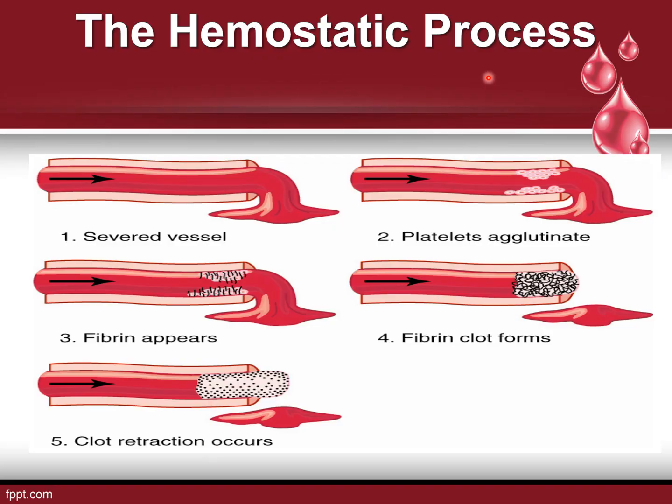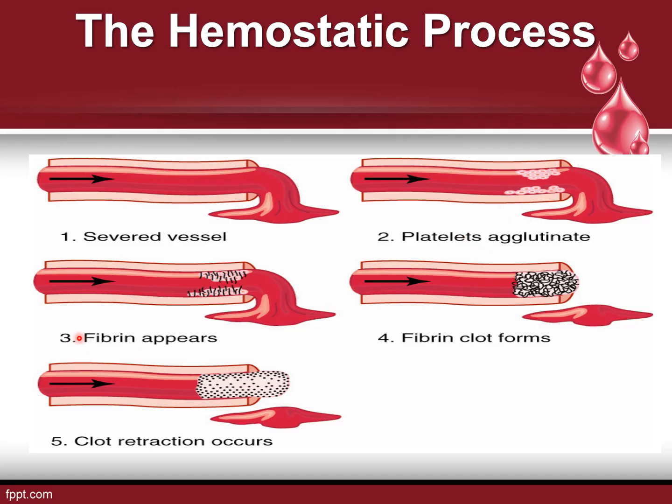This cartoon explains the hemostatic process better. We can see that steps 1 and 2 lead to the formation of the primary hemostatic plug through the interaction of the injured vessel wall, which leads to its vasoconstriction, and the addition of platelets, forming the platelet clump, or primary hemostasis.